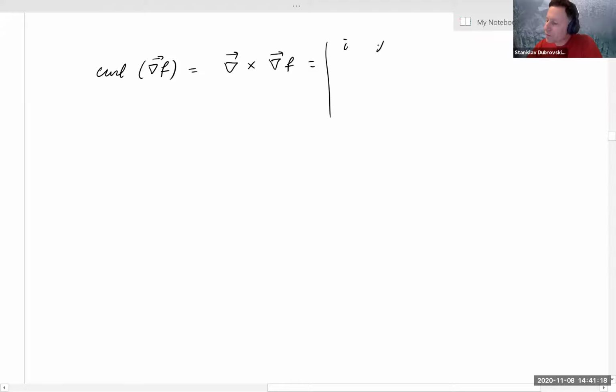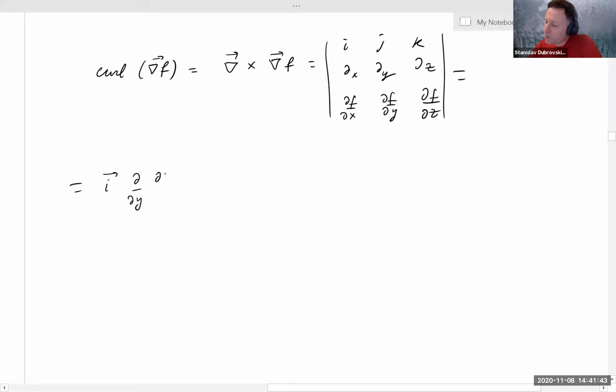So that means that we are doing i, j, k, and here we have d/dx, d/dy, d/dz of df/dx, df/dy, and df/dz. So for the first component, d/dy of df/dz minus d/dz of df/dy.